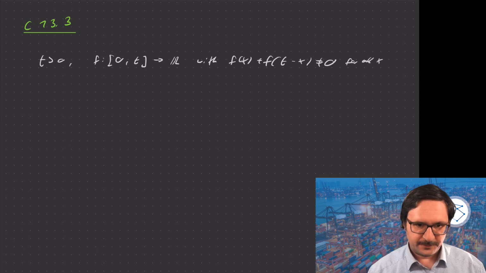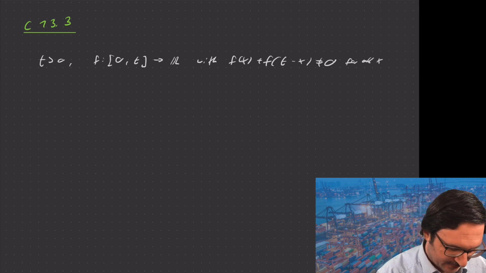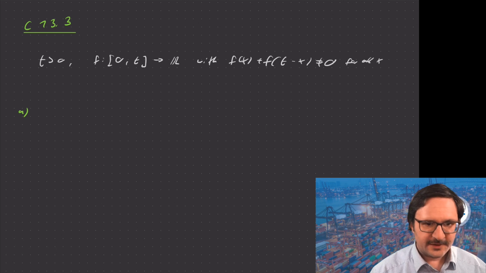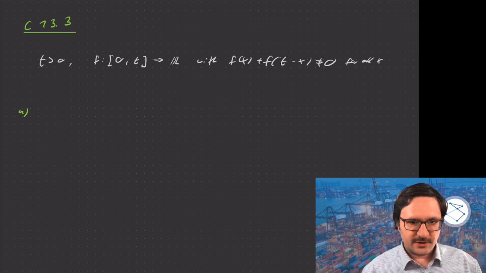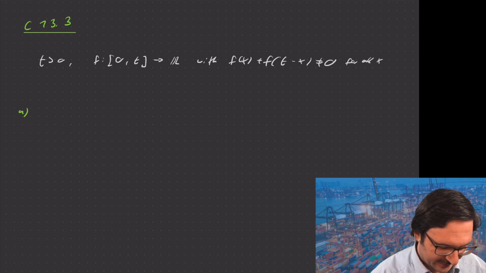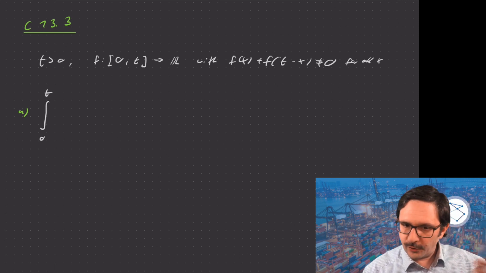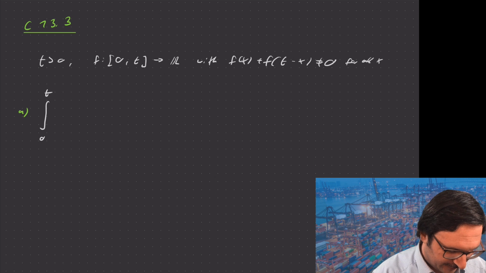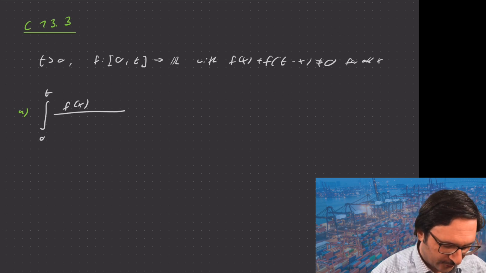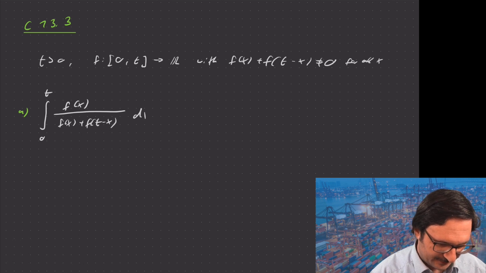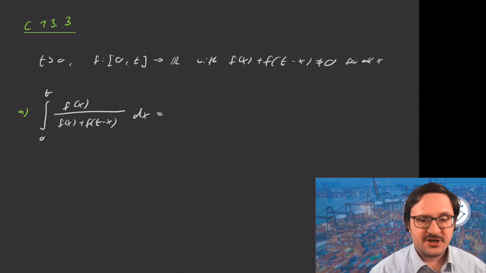And the first part of this problem is to show that a certain integration holds, and that is the integral from 0 to t, so over the whole interval, not of the function f, but of the following function, f of x over f of x plus f of t minus x dx, that is t over 2.